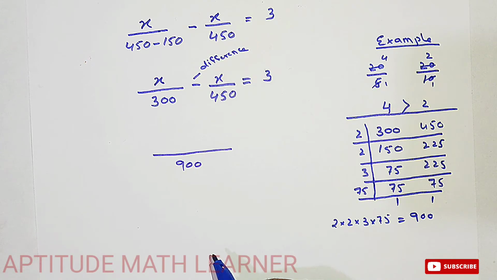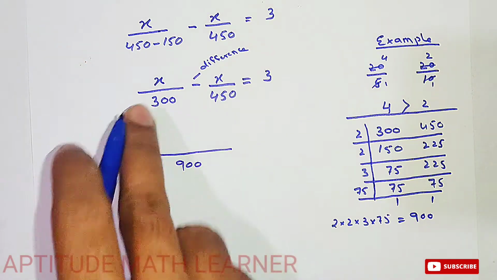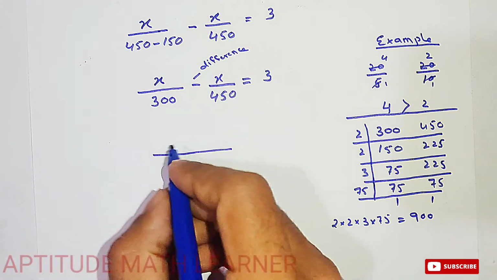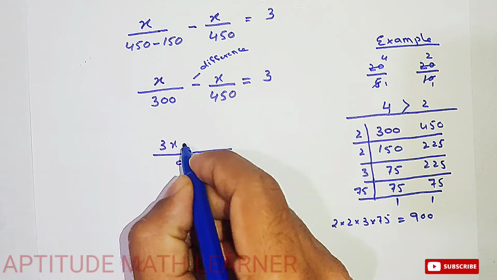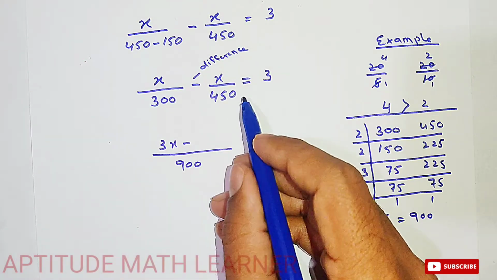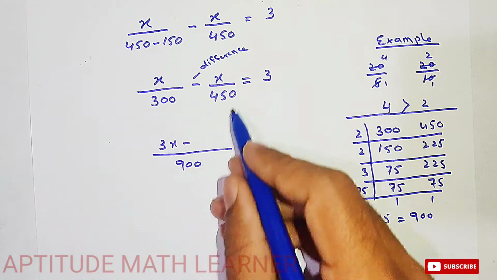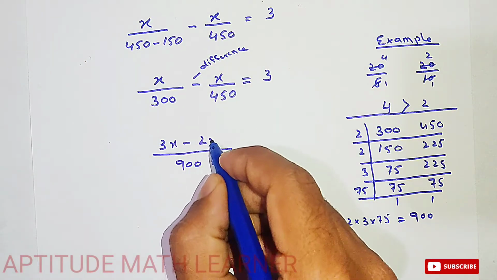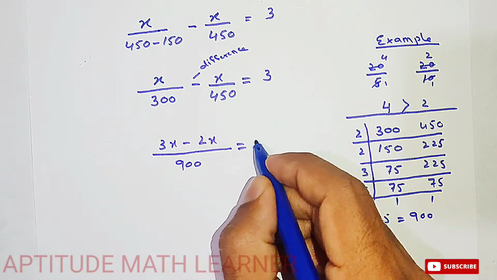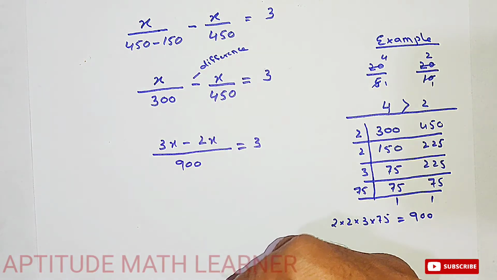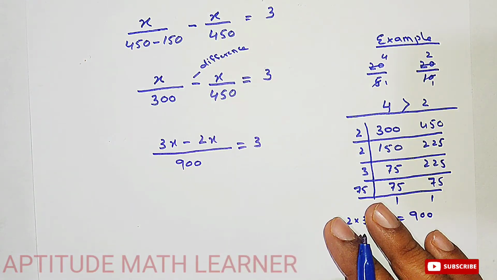So what will this become? Here 900 divided by 300 is 3, so 3x, minus, and after dividing 900 by 450, we get 2x, and this is equal to 3. I hope till here you have completely understood the question.